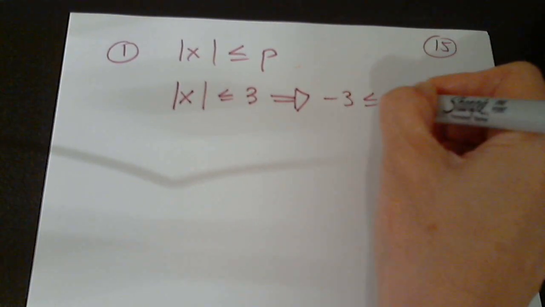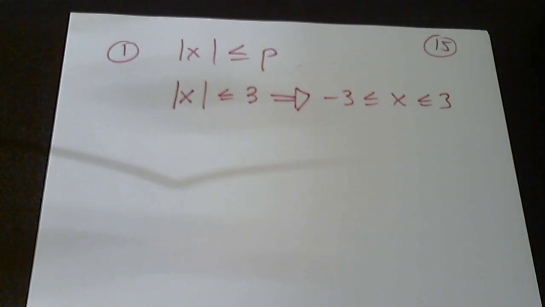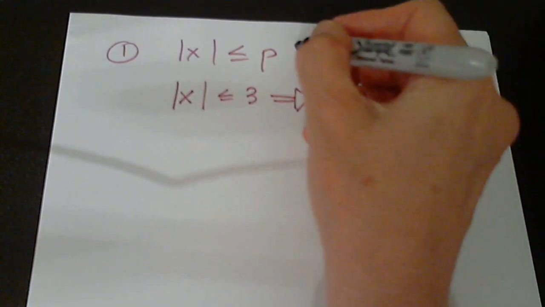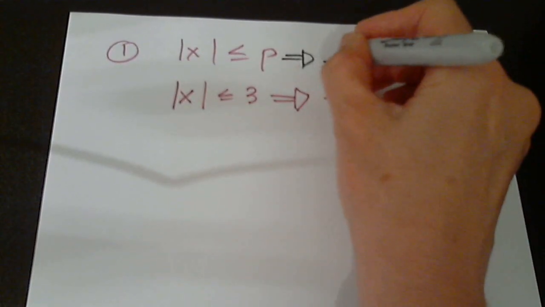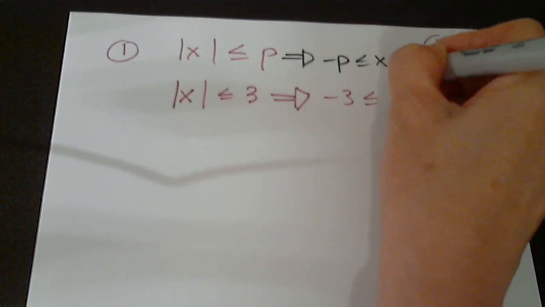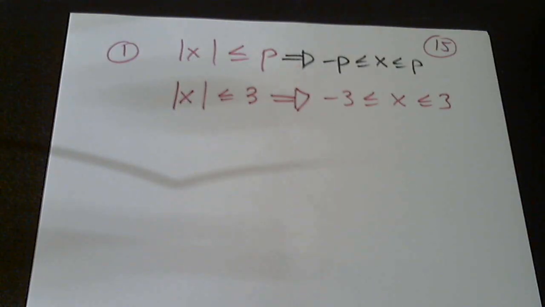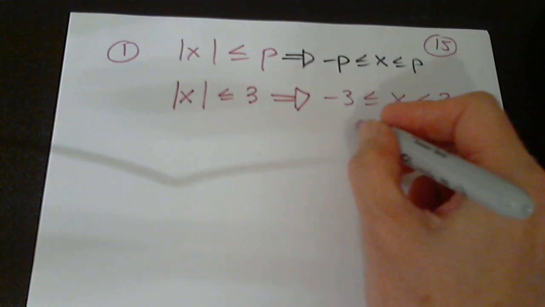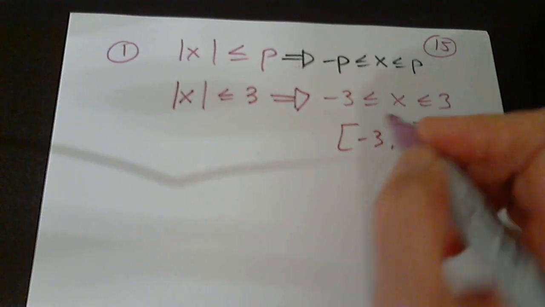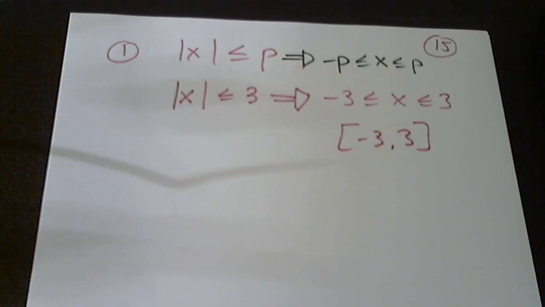Negative 3 less than or equal to x less than or equal to 3. That's it. So the general solution is negative p less than or equal to x less than or equal to p. Of course, this is a simple example. There will be more involved. That's it. So the answer is negative 3, 3. So let's practice this one, this type.